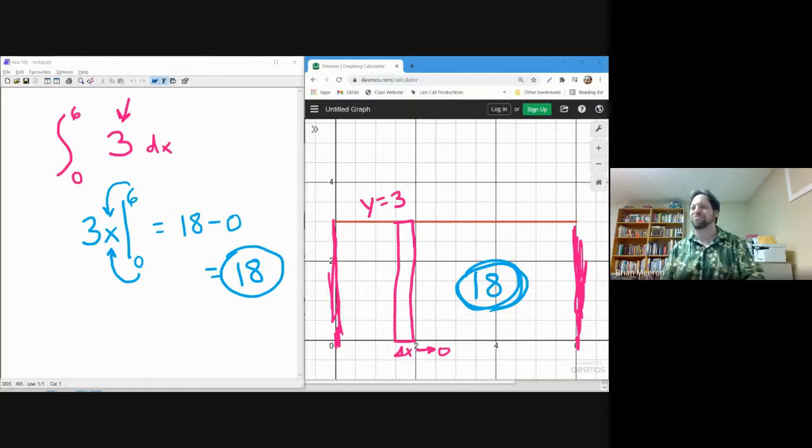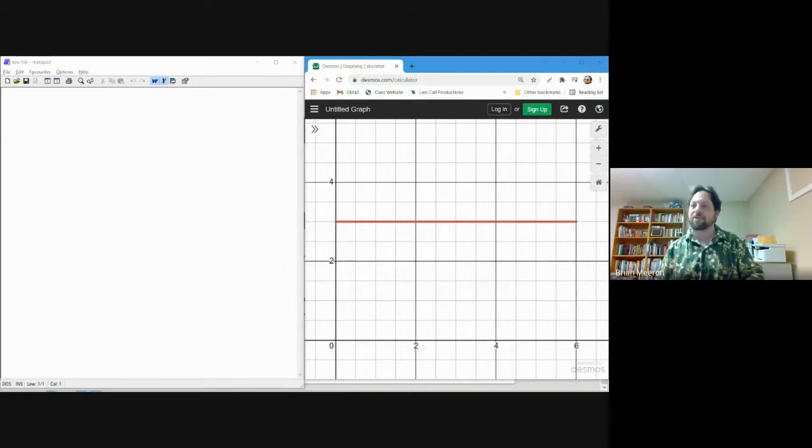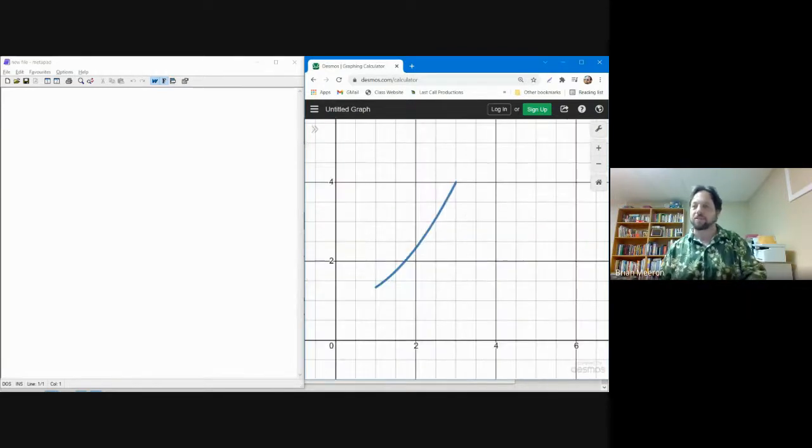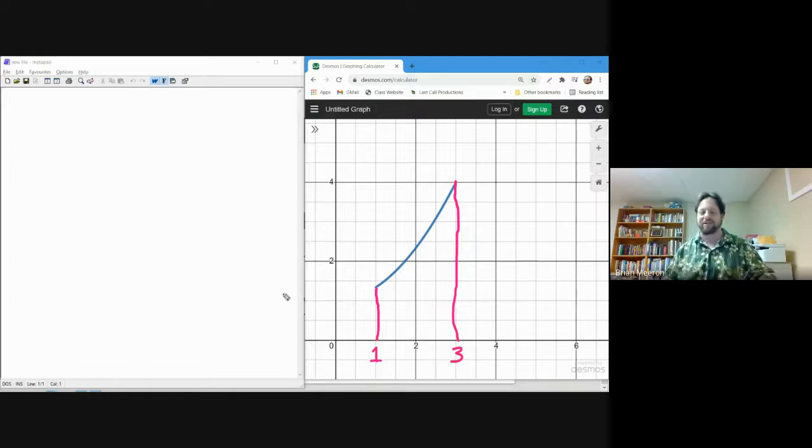Pretty cool. So we found the area under the curve, and we undid a derivative all at the same time. Folks, that's pretty sweet. All right, but why don't we take a look at another example, the example that we were looking at previously, the one where it was y equals x squared over 3 plus 1. All right, so once again, we are going from x equals 1 up to x equals 3. And I wish I could draw straighter lines, but you know, it is what it is.